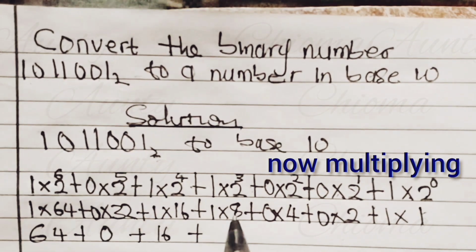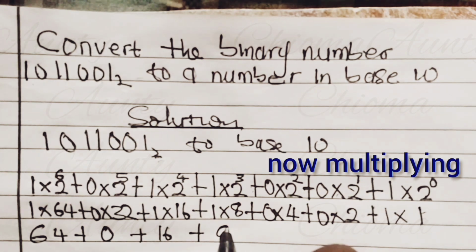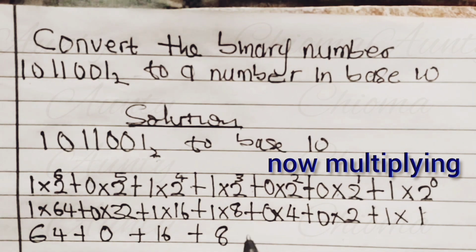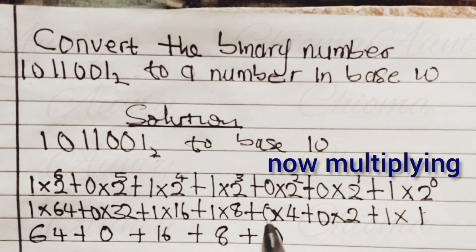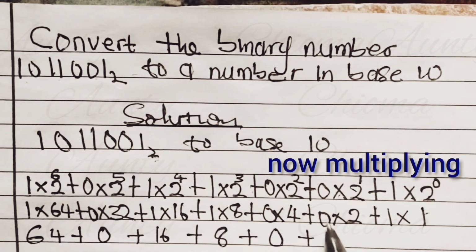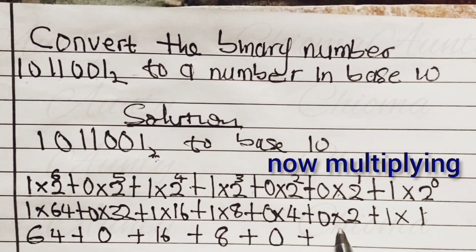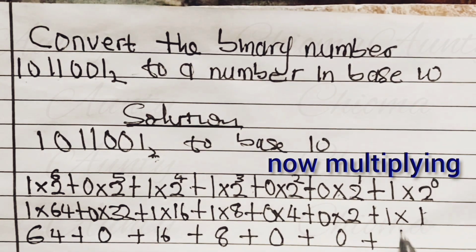Plus 1 times 8 gives us 8, because 1 times anything is still the same number. Plus 0 times 4 gives us 0. Plus 0 times 2 is 0. Plus 1 times 1 is 1.